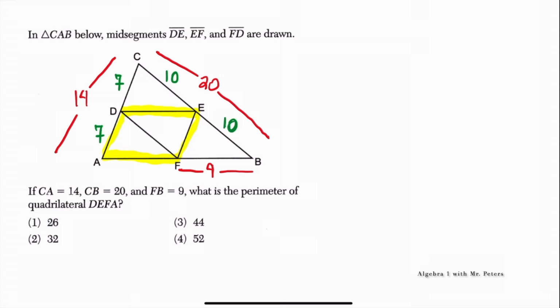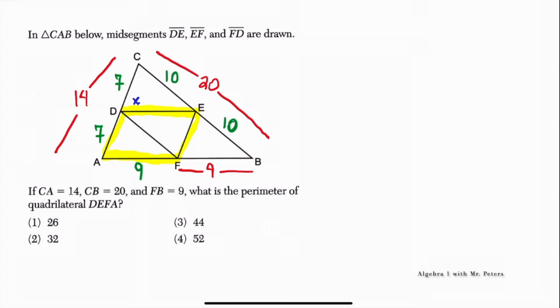Then when we get to the bottom of the triangle, family, remember that EF is a midsegment for that bottom part of the triangle. So if that FB is equal to 9, and we have a midsegment, that means the other side is also 9. So now that we have most of the information filled in, we're looking for two more pieces.